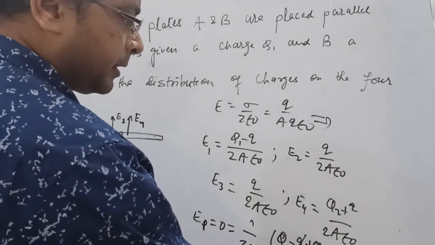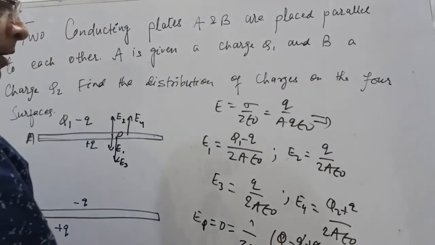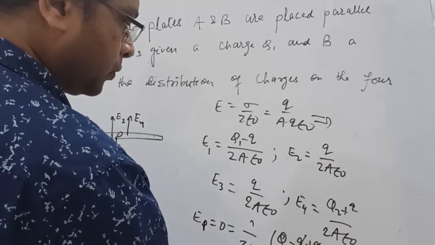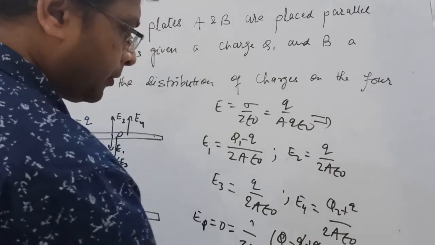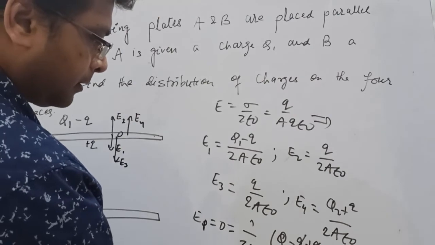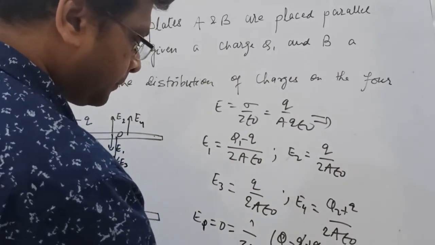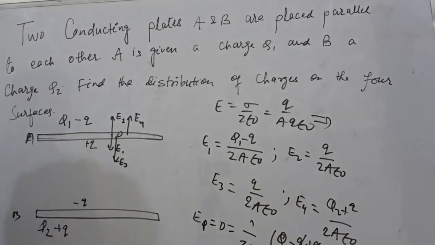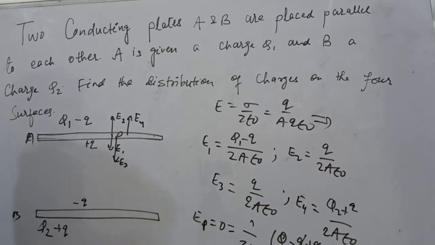So minus q plus q is gone, and I am getting Q1 plus Q2 plus 2q is equal to 0. Therefore, small q comes out to be minus (Q1 plus Q2) whole divided by 2. This is the small q I am getting. We can put it here and we can find the charges on the 4 surfaces. Please note it down. It's another very important example.